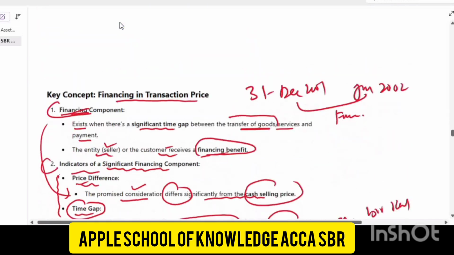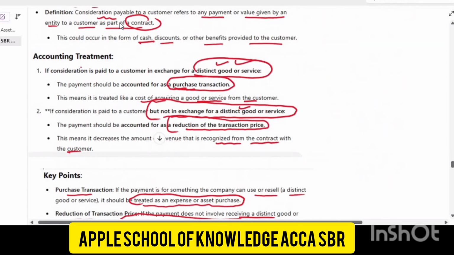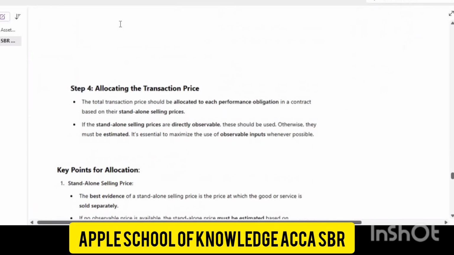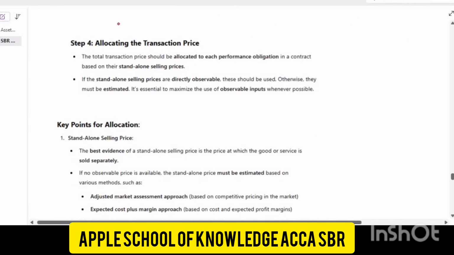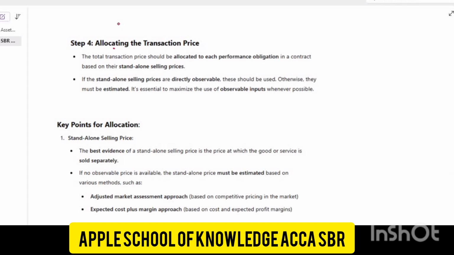Now let's move on. We have another step, that is called allocating the transaction price. The total transaction price should be allocated to each performance obligation in a contract based on the stand-alone selling price. So if the stand-alone selling price is directly observable, it should be used.